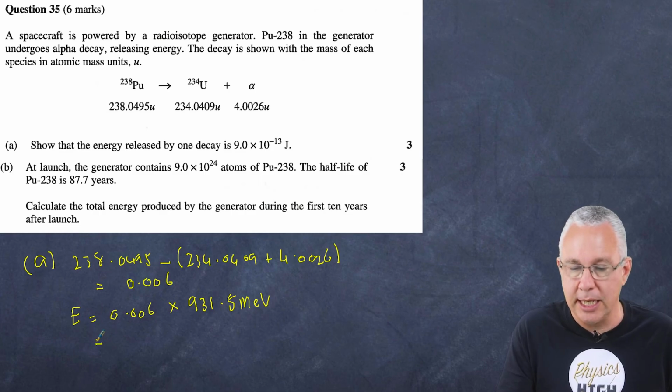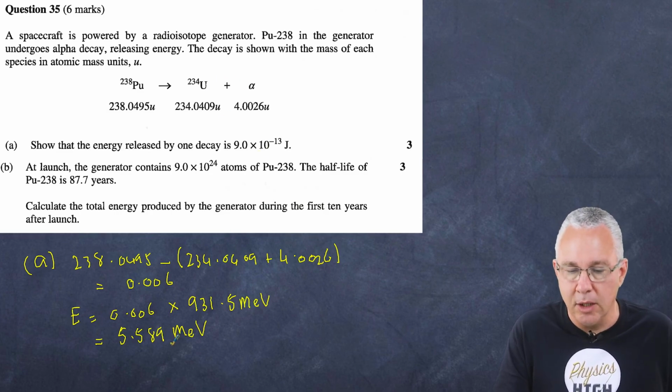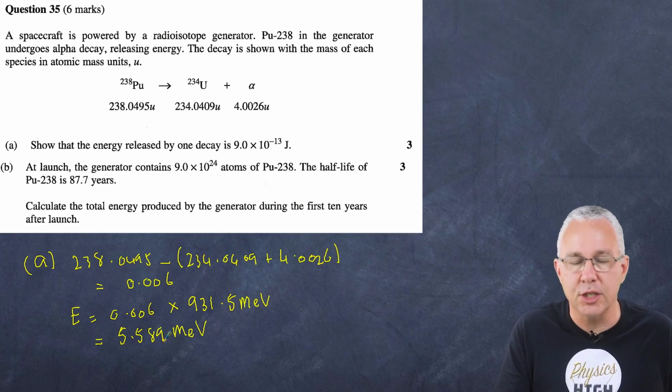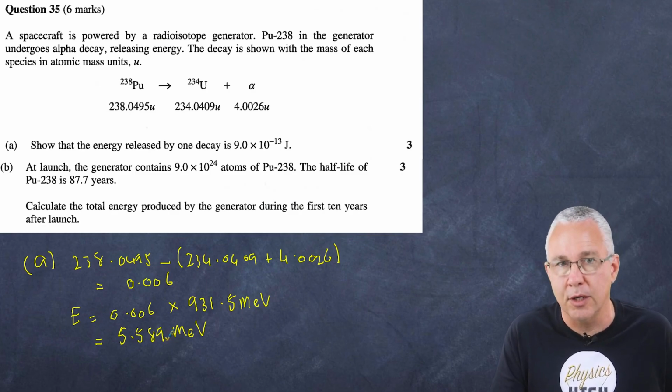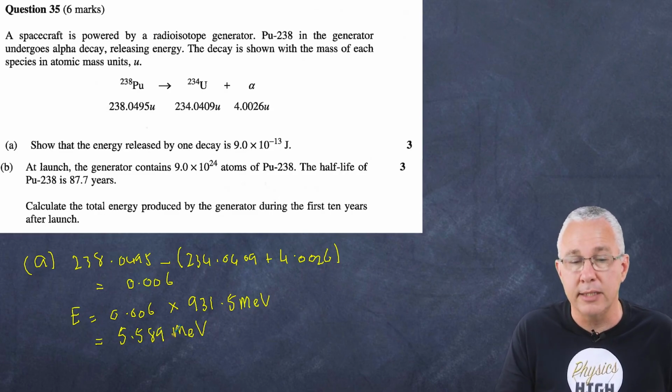And so when we calculate that out, we're going to get 5.589 mega electron volts. But hold on, we're given a value here in joules. How do we convert that? Well, all we need to do is, this is our mega electron volts, so we need to convert this to electron volts, and then multiply by 1.6 times 10 to the negative 19.